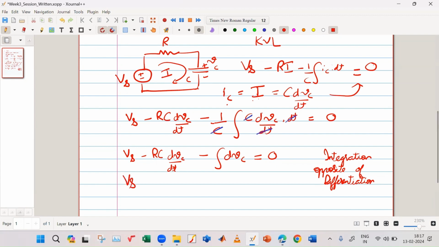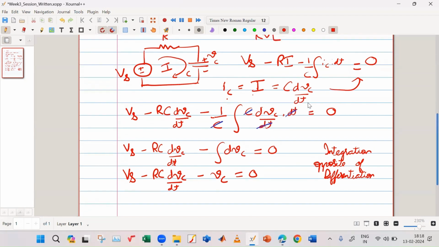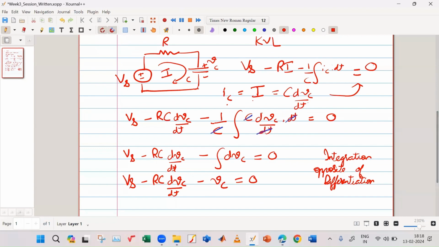So it becomes Vs minus RC dVc by dt minus Vc is equal to 0. Till here, are there any doubts? No. Okay, so I have done all these steps.